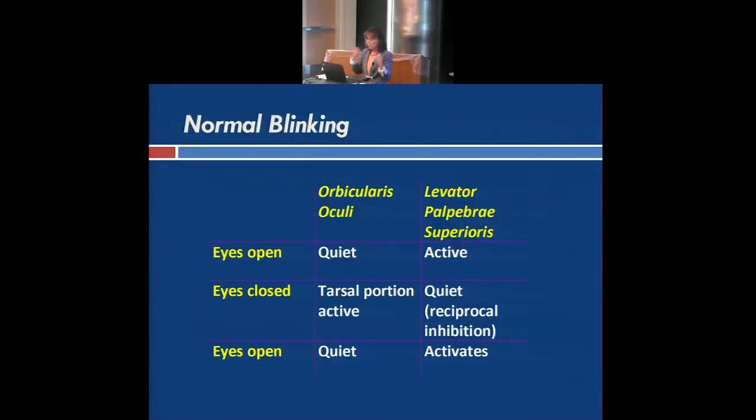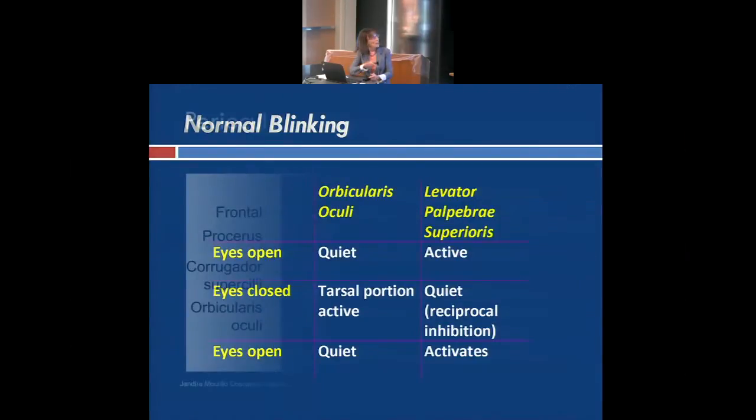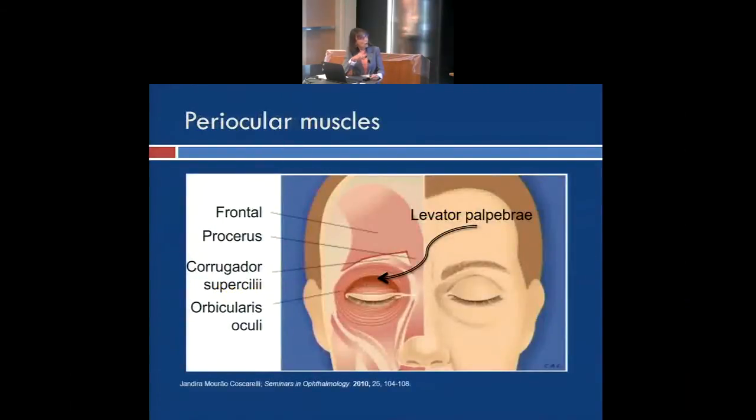However, in blepharospasm, this relationship is not as well defined. I also wanted to show you, so here's the levator, it's underneath this orbicularis oculi muscle and underneath the tarsal plate. But in addition to that, we have muscles around the eye that are not infrequently also involved when somebody has blepharospasm.